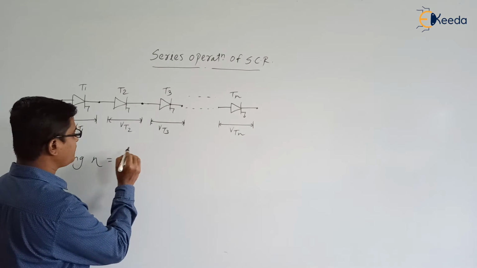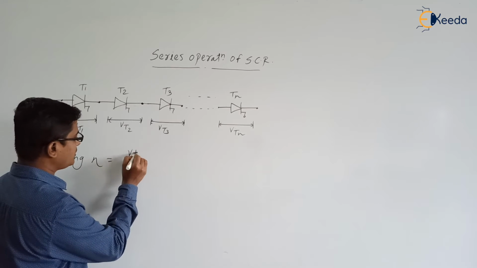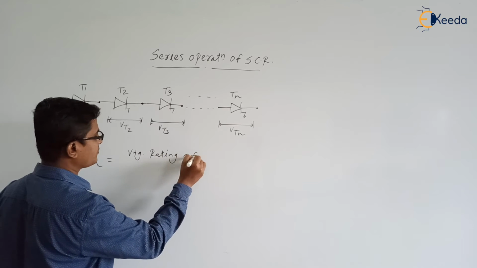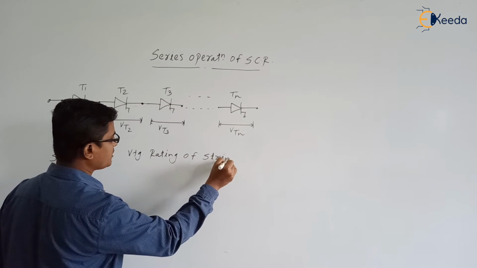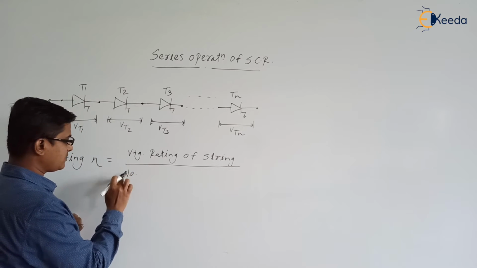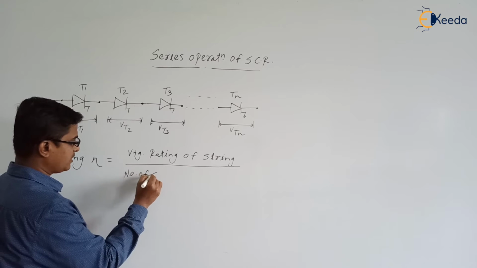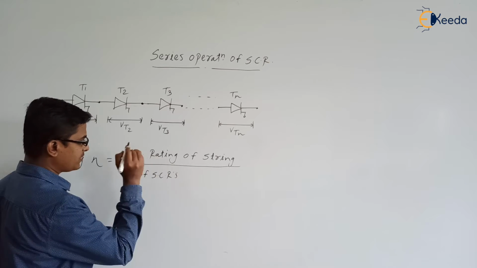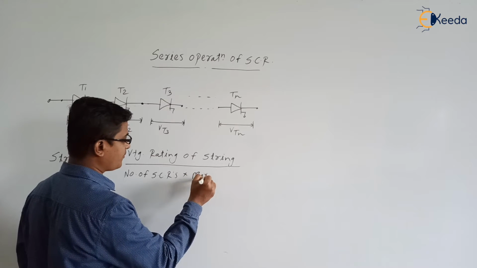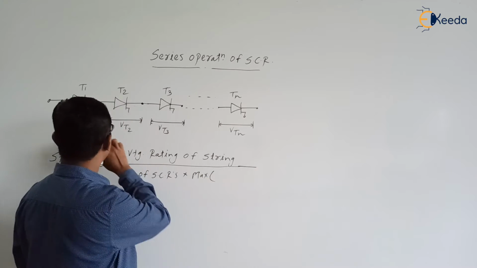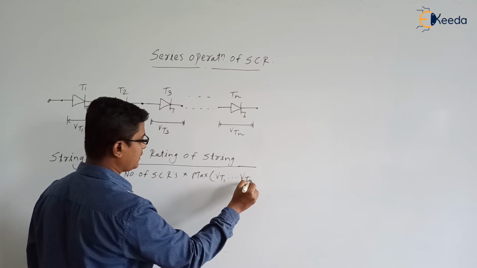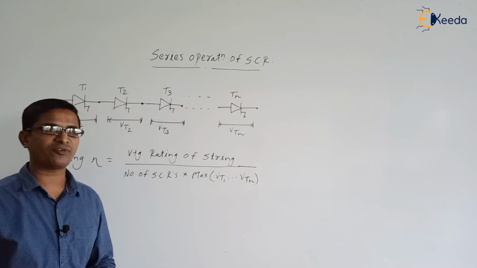String efficiency is the voltage rating of the string divided by the number of SCRs connected in series, into the maximum of Vt1 to Vtn.